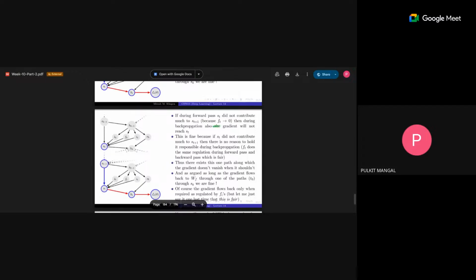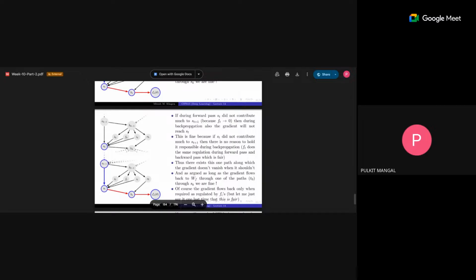If the forget output tends to 0, that means it is telling us that we should not keep any information from the past. And if due to that our gradients are becoming 0, then it's okay, because that is working fine. So that was the reasoning.